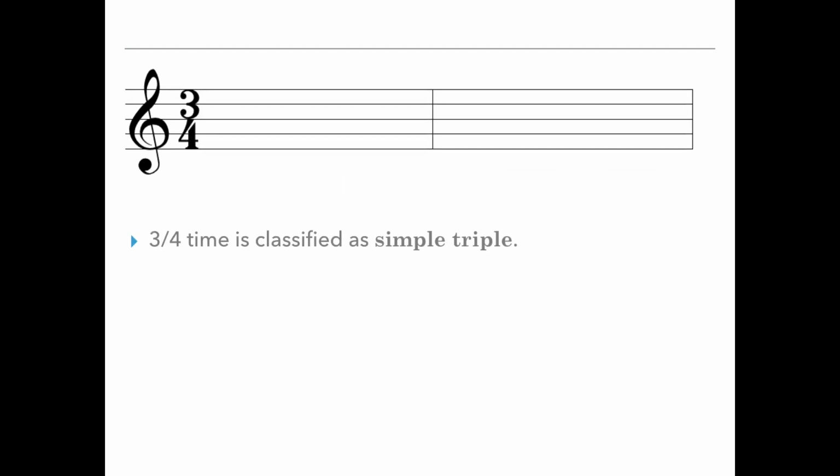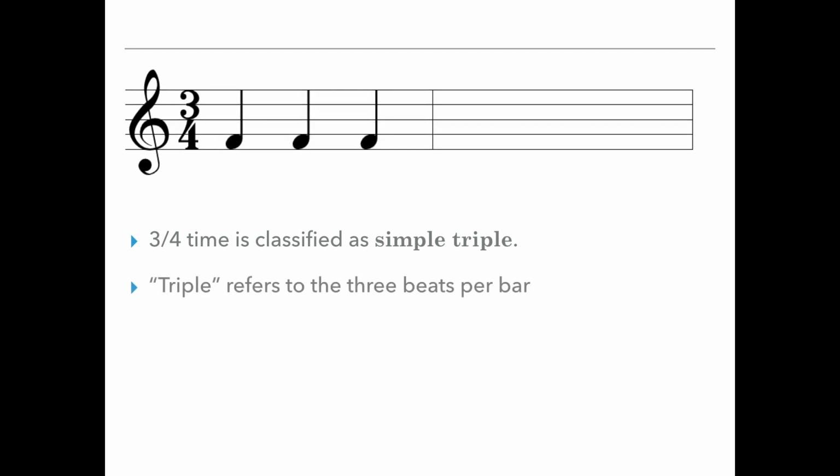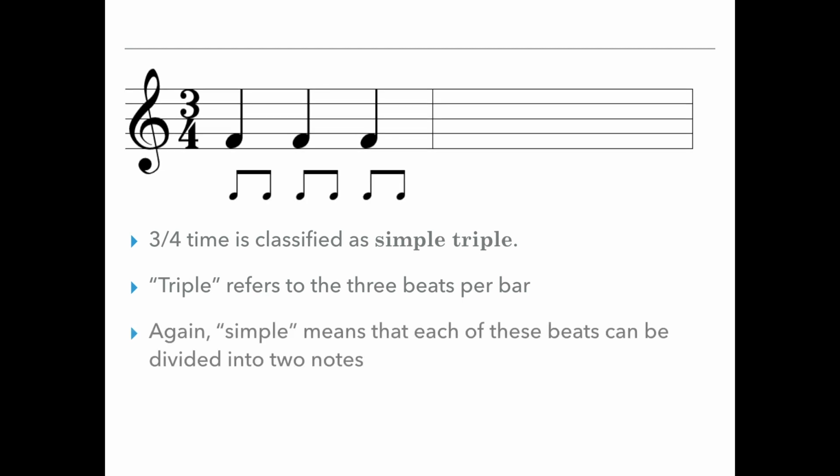Let's have a look at 3/4. 3/4 time is simple triple time. So 3/4 means 3 crotchet beats per bar, and so you can see the 3 crotchet beats there. So it's triple because we've got 3 beats in the bar, and each of those beats can be divided into 2 equal notes. So that makes it simple time.